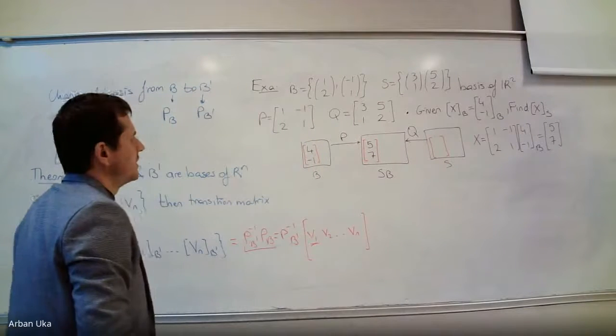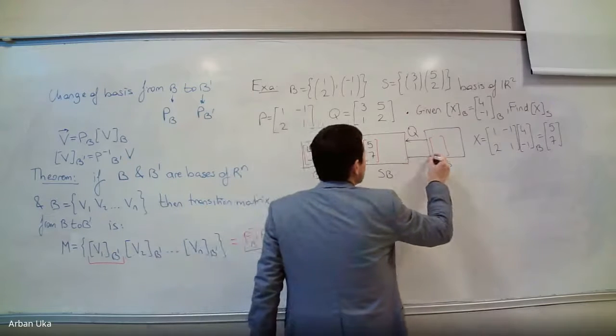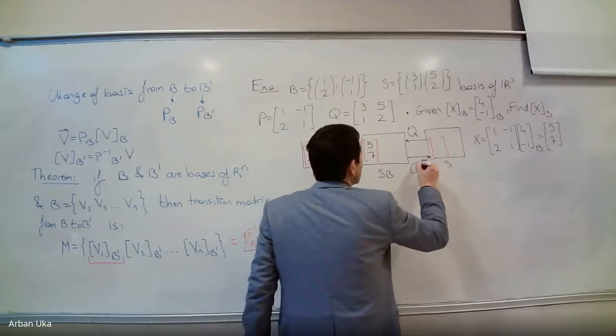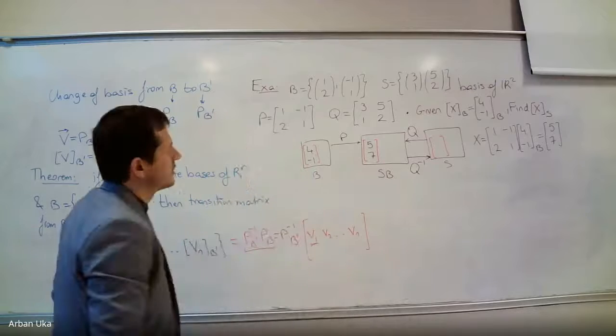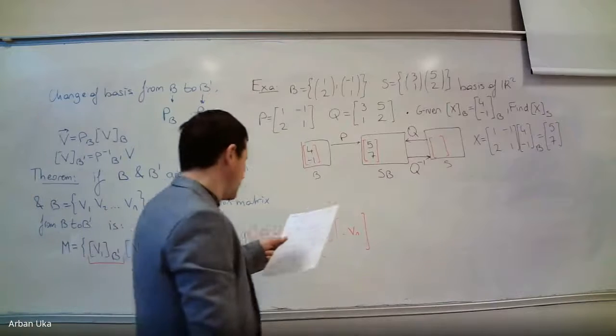The second step is that now we should move from the standard basis to the S basis, and the only way to do it is to go with Q inverse. We should always keep track of those. And the question is, what is Q inverse?